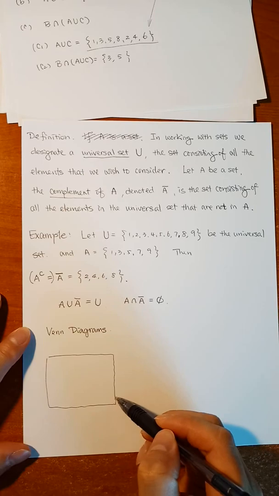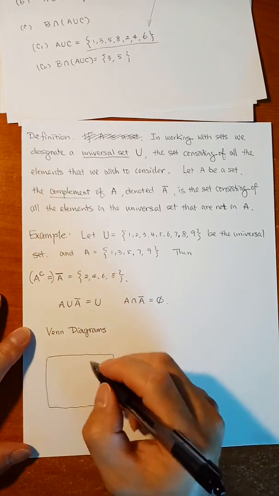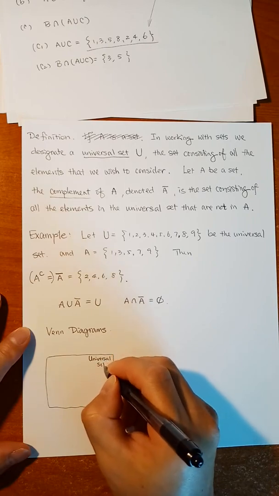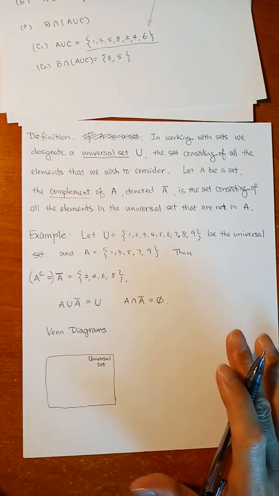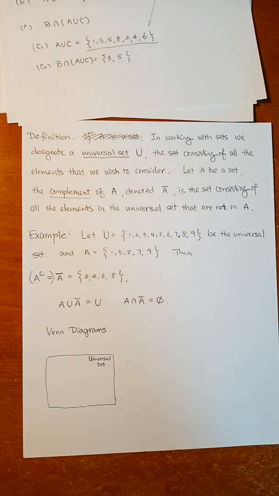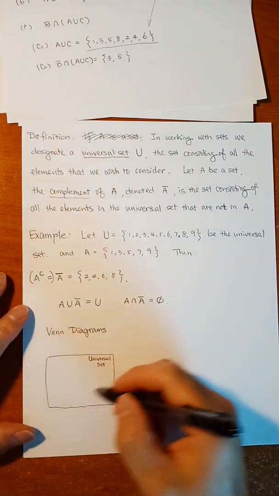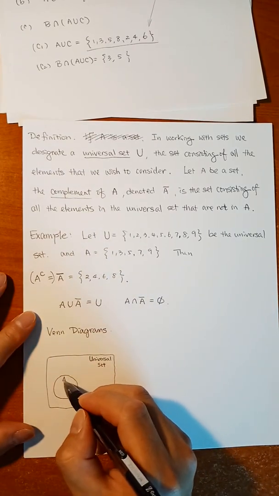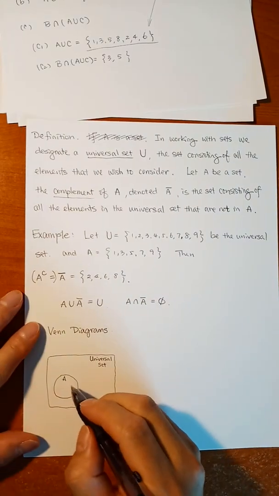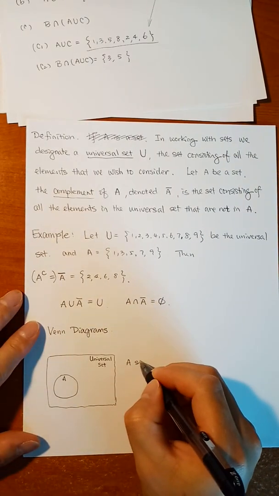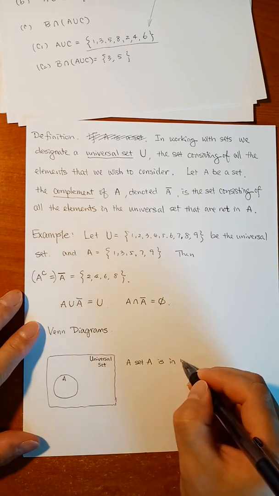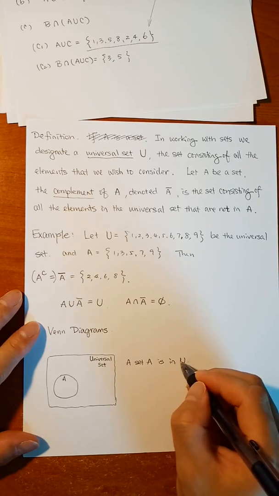This rectangle, this region, will represent the universal set. Any element we are considering will be inside this rectangle. And we will draw a circle. Usually we draw a circle to represent a set. This is a set A. Set A is in the universal set.